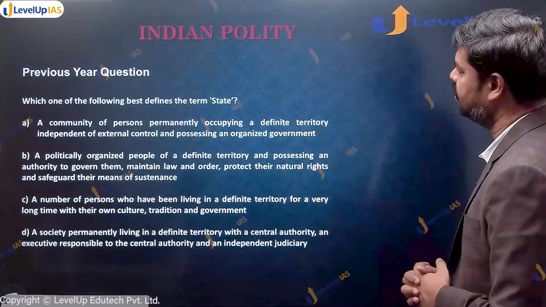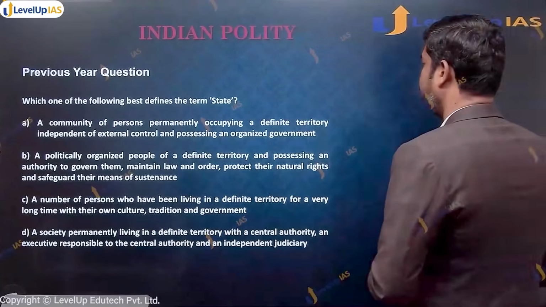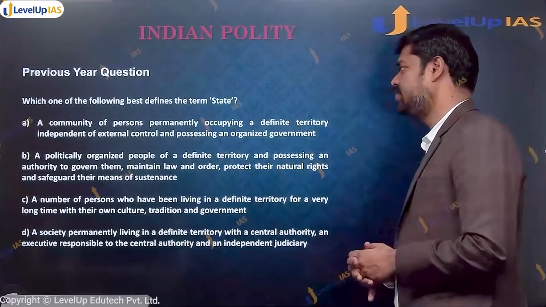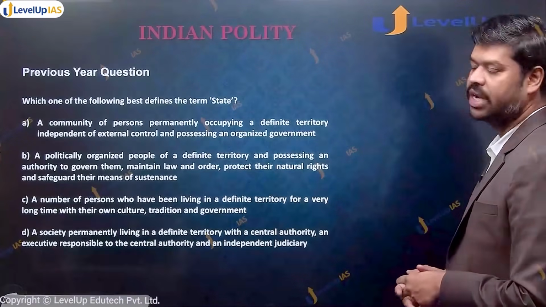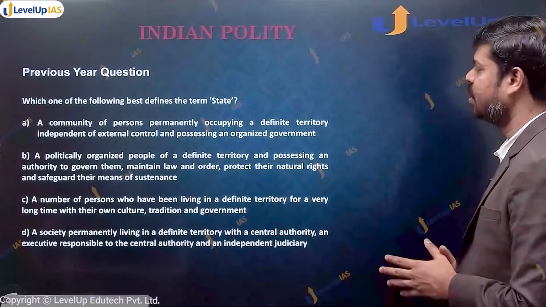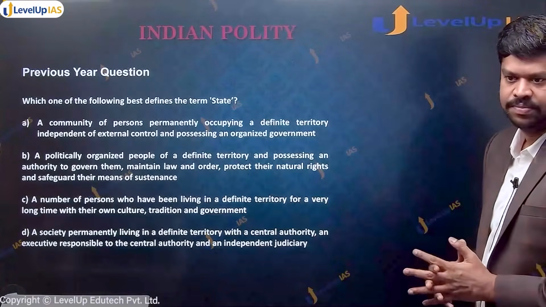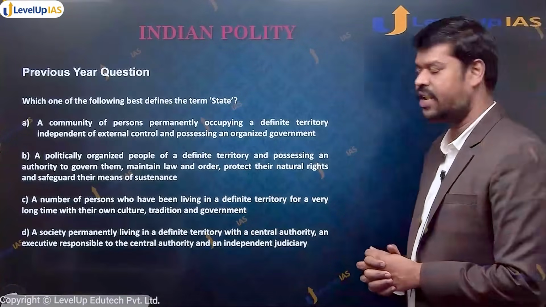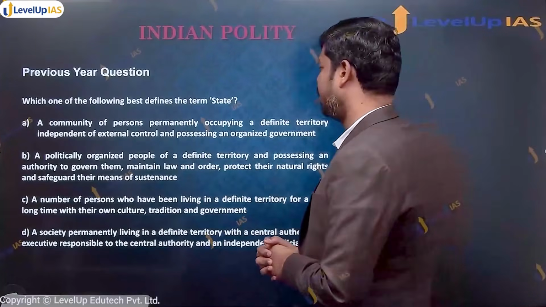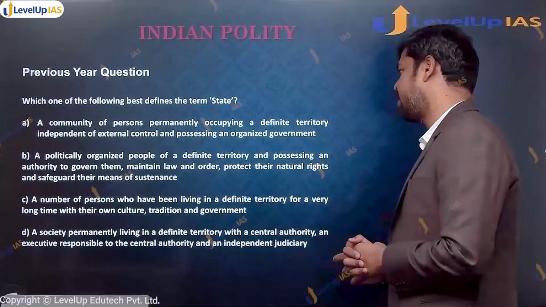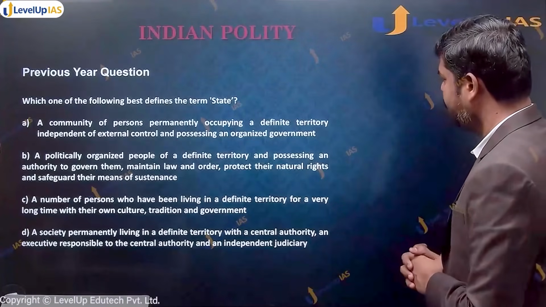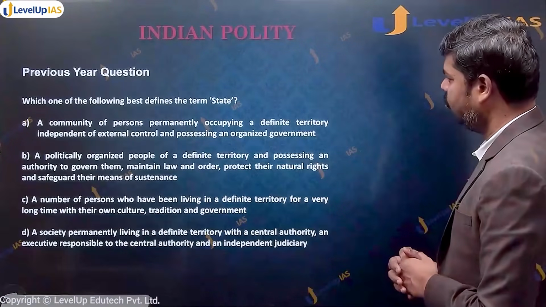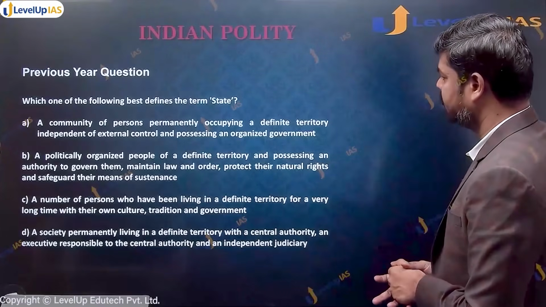Statement A: a community of persons permanently occupying a definite territory, independent of external control and possessing an organized government. How many of you think it is A? Okay, is there anyone who thinks B? A politically organized people of a definite territory and possessing an authority to govern them, maintain law and order, protect their natural rights, and safeguard their means of sustenance.